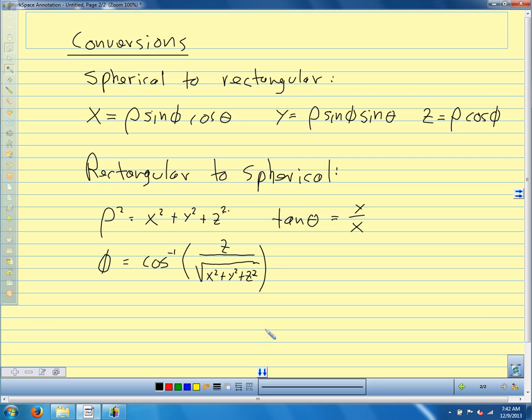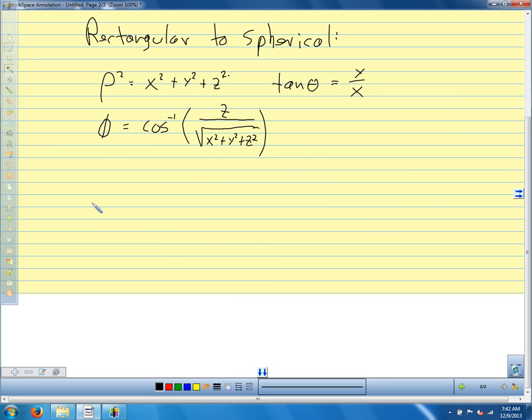And we can also write some conversions from spherical to cylindrical and back as well. So if we wanted to convert from spherical to cylindrical, or vice versa, we could do those conversions. And we're saying again that r is greater than or equal to 0 for these.